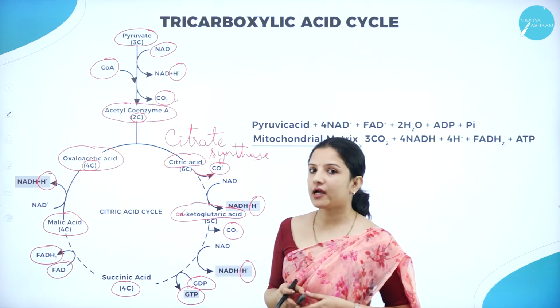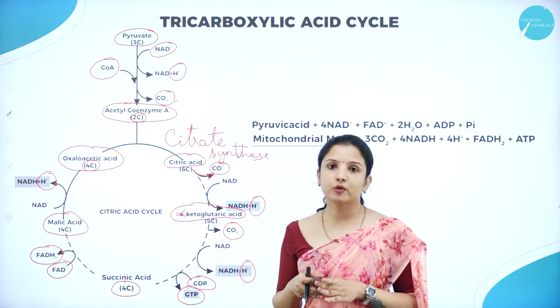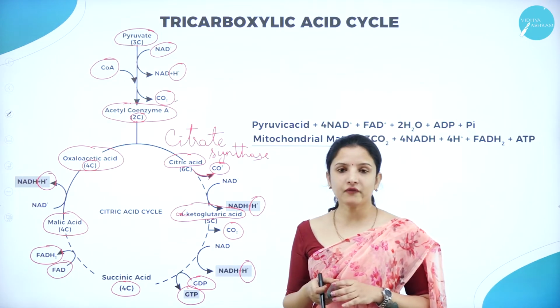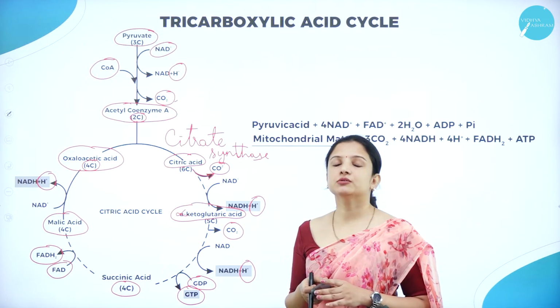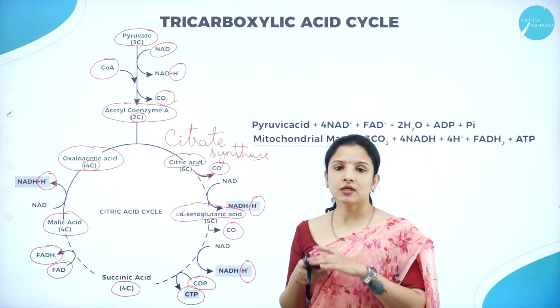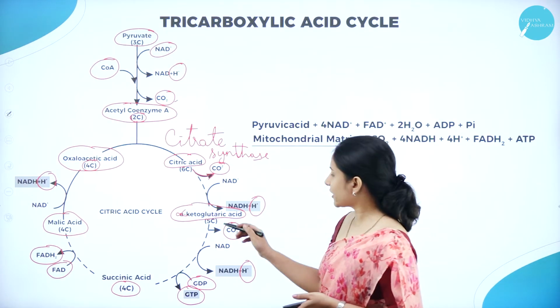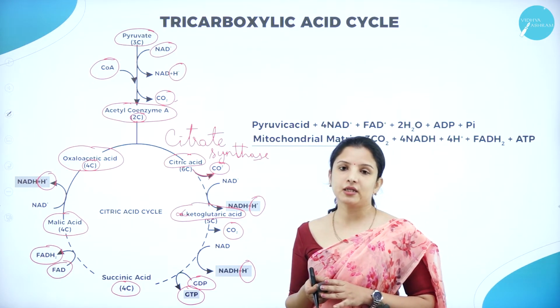So, what did we understand here? Mainly energy is being formed in this tricarboxylic acid cycle, in the form of NADH, and protons, H plus, are being released. It helps in decarboxylation, that is, removal of carbon dioxide molecules. In almost every step, if you can see, carbon dioxide molecules got eliminated, right?